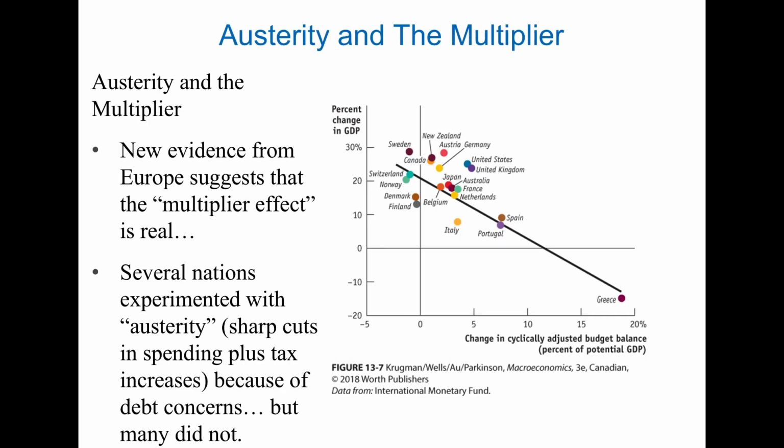Austerity and multiplier is another topic that is very important, because we said here that if we increase the spending, or we cut the taxes and increase the transfer payments, that has a multiplier effect. But at the same time, if we increase the taxes, which means reducing the income of households, or if the government cuts their expenditure, that also has a multiplier effect.